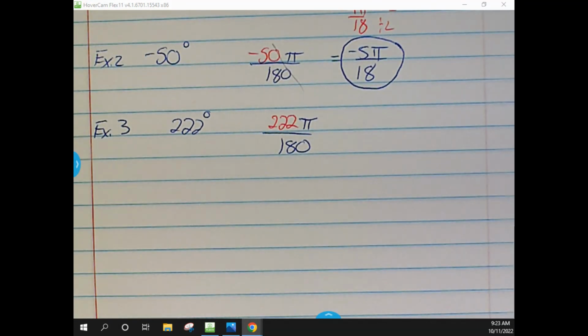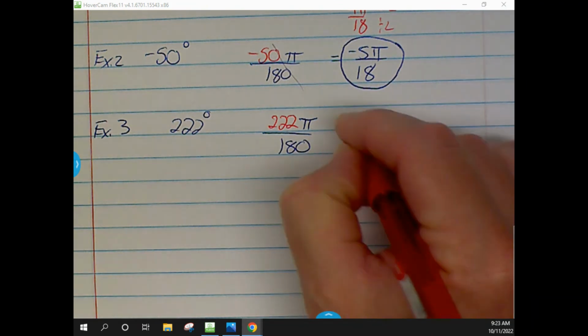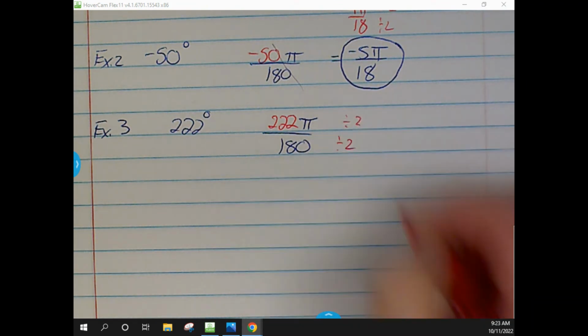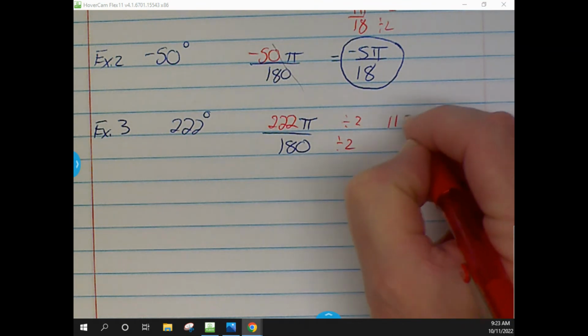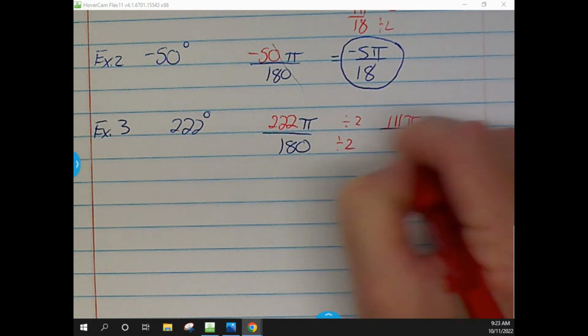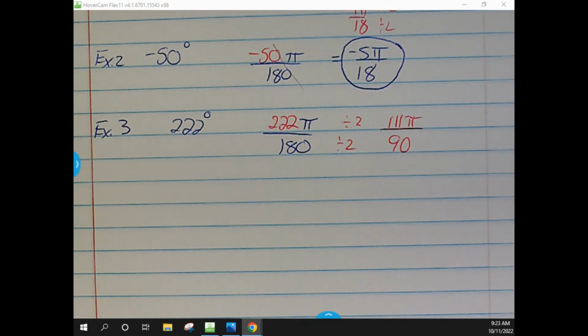All right, for that one, they're definitely even, so divide them by 2. That makes 111 pi over 90. If it's 111, we know it's not even, so you can't divide by 2.